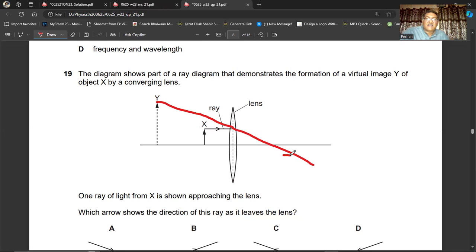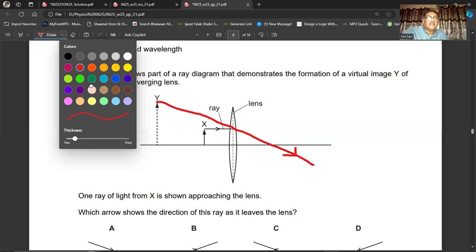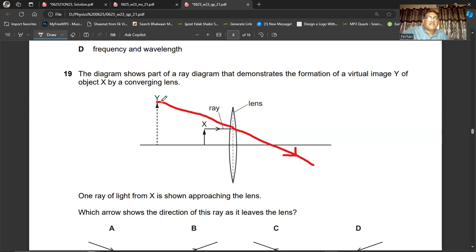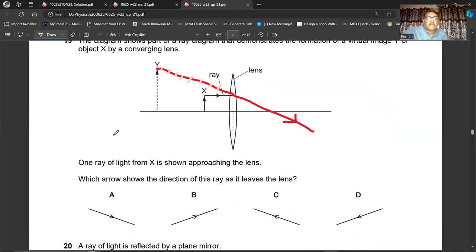So let me try to make it dotted, to be correct, because this is not a real line. So this seems that it is coming from here, but the actual light is.